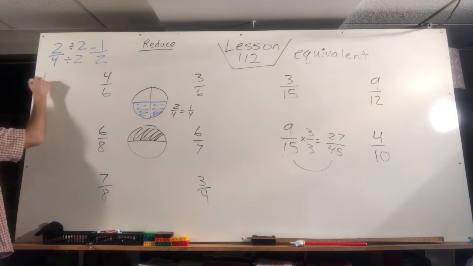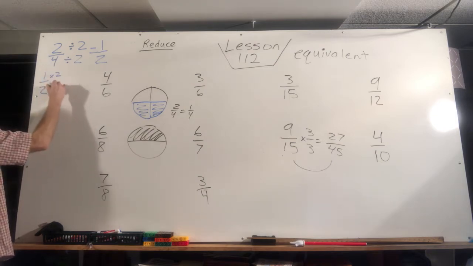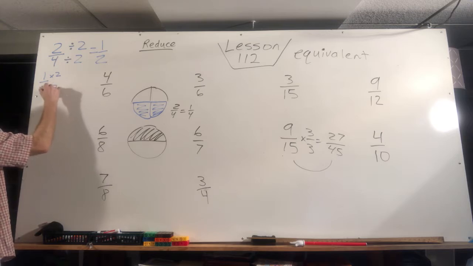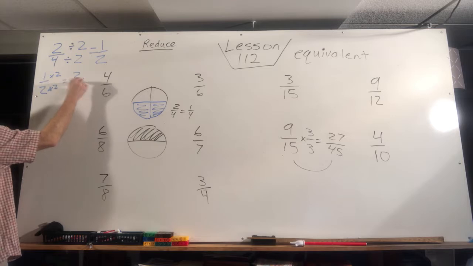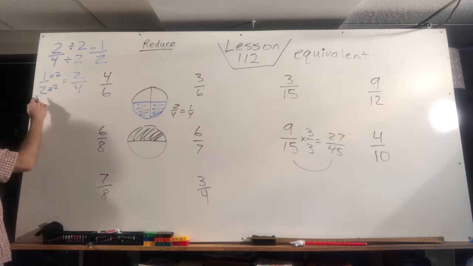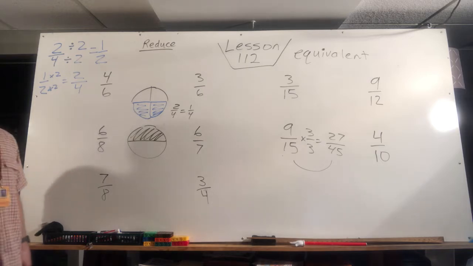We can also go from 1/2 and multiply by 2, and we get 1 times 2 is 2, 2 times 2 is 4, so 1/2 equals 2/4, or 2/4 equals 1/2. That is the exact same thing.